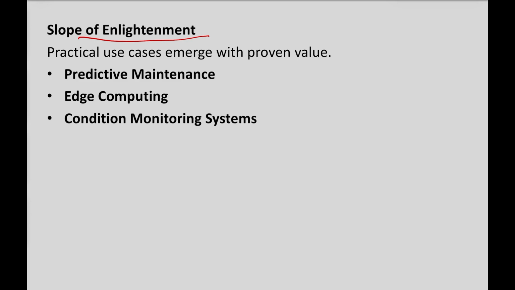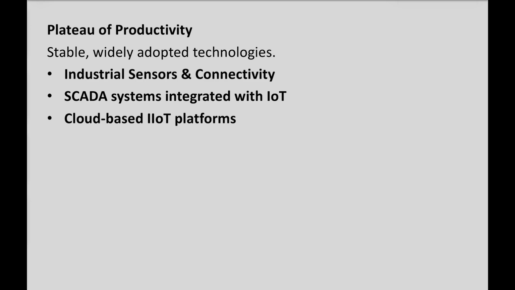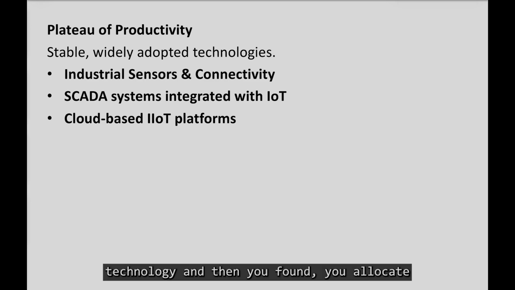Okay, so next is the plateau of productivity. Here it has been widely adopted by almost all the industries. So initially you find out the technology, you find out the domain for the technology, and then you allocate a particular domain for it.